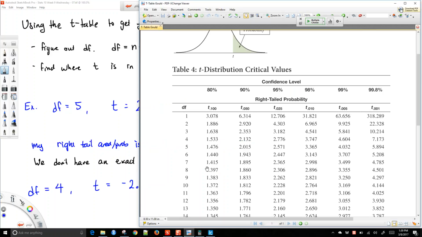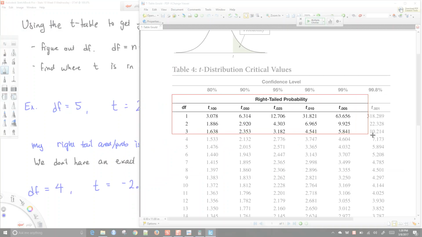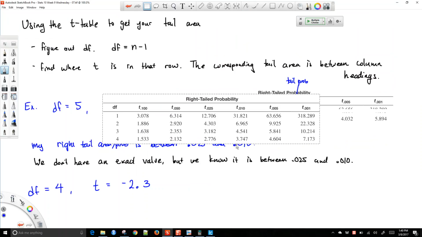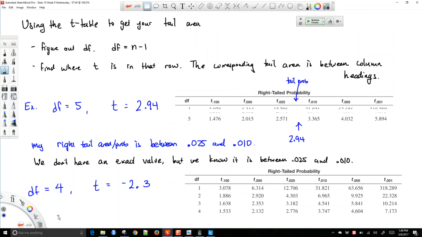Okay, so I'll go to 4 degrees of freedom. And I say, oh, okay. I'm going to ignore the negative sign, and I'm going to say 2.3 fits right here, okay?